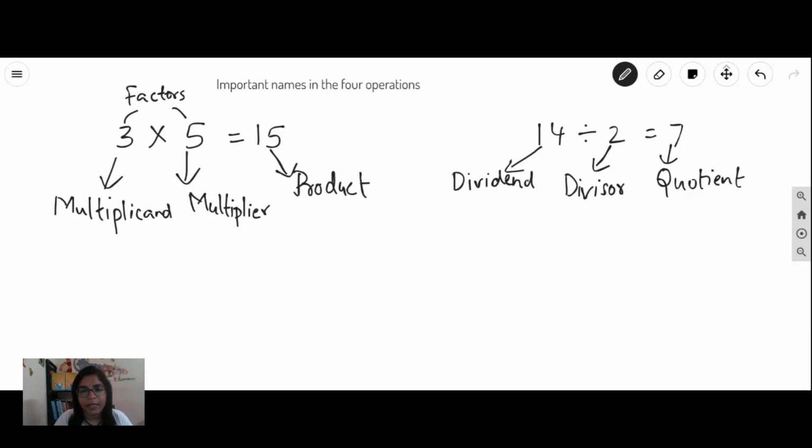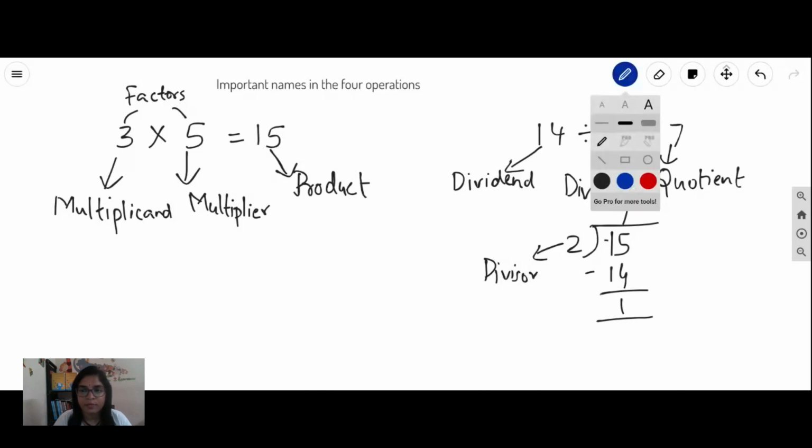For example, if instead of 14 we take 15, 15 divided by 2, I get 2 times 7 is 14, and I get something which is remaining. So this 2 is called the divisor. It's the same as what we saw before.